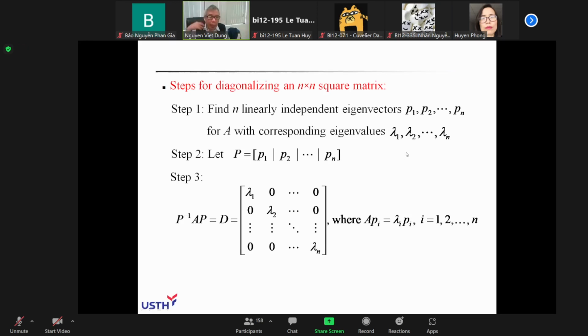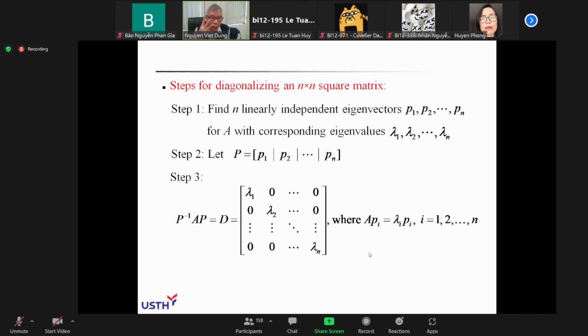That is the reason why I say that the calculation appears in the first step, and the second step and last step are only writing down. The only thing you need to pay attention to is the order of the vectors you put in P, and the order of eigenvalues you put on the diagonal here.